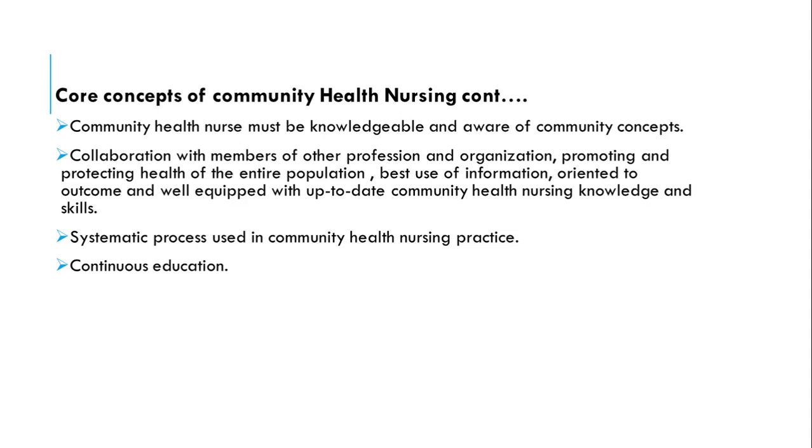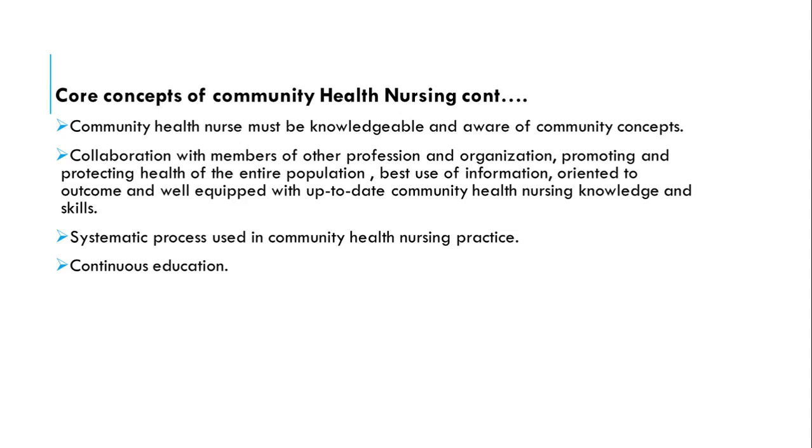The next concept is the key to the success of community health nursing. This key includes collaboration with other sectors and organizations, best use of information, and updating community health nursing knowledge and skills. The next concept is the use of a systematic process in community health nursing.